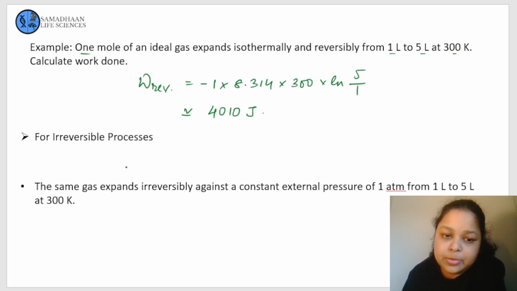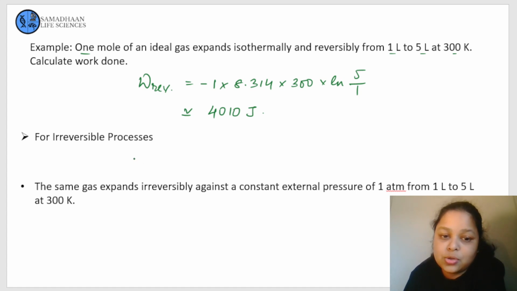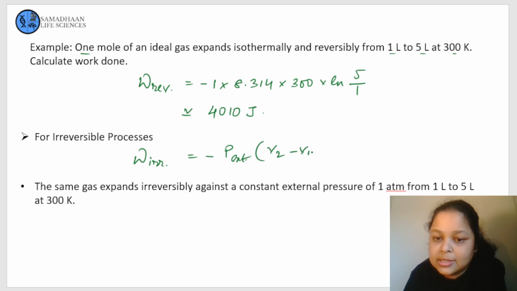For the irreversible process, the process is faster than the reversible process, and it happens with a finite driving force. So for an irreversible process, work done is equal to minus P external into V2 minus V1.